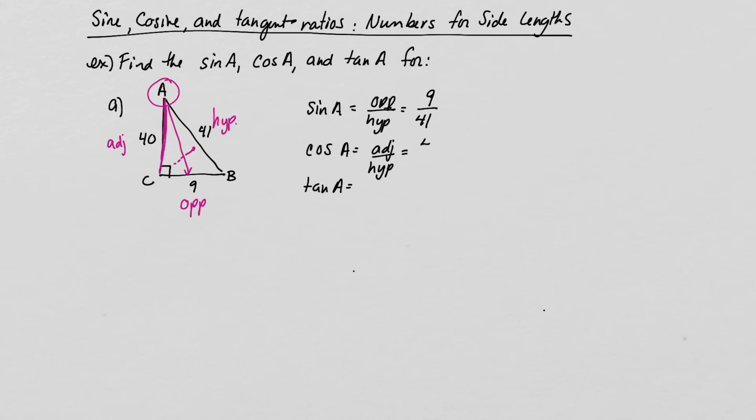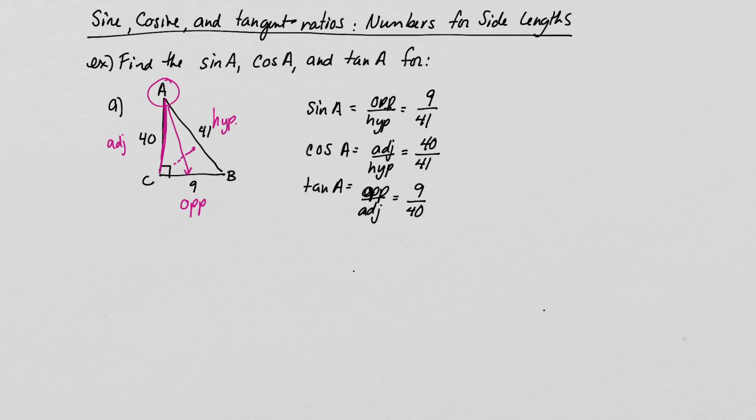So the adjacent is 40, and the hypotenuse is 41. Again, can't reduce, we're just going to leave it. And then tangent is opposite over adjacent. So that's going to be 9 over 40. And again, we can't reduce that. So that's all that's going to happen for that kind of problem.